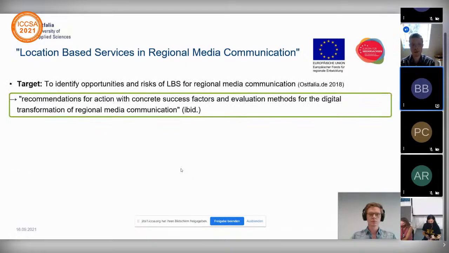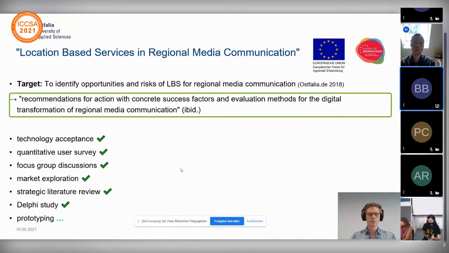The target is to identify opportunities and risks of LBS, so location-based services, for regional media communication, so as to derive recommendations for action with concrete success factors and evaluation methods for the digital transformation of regional media communication.